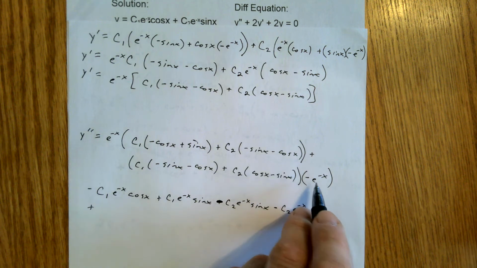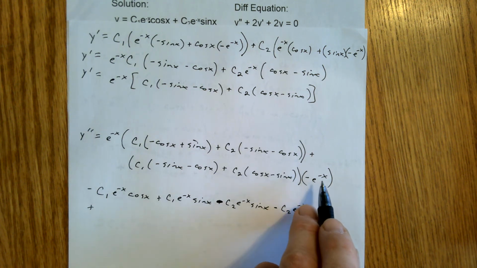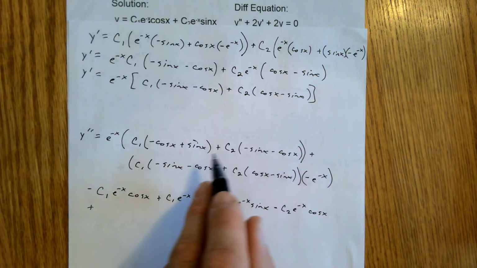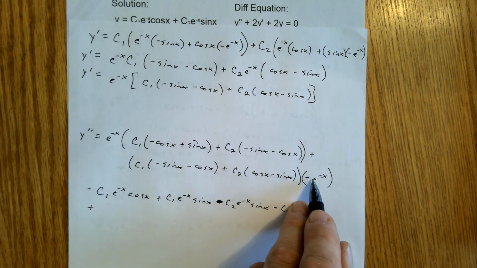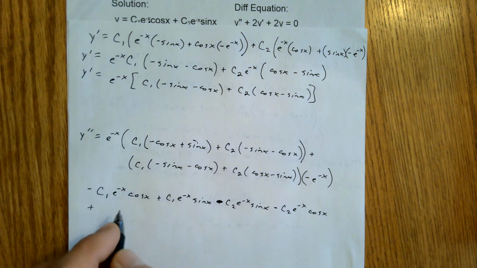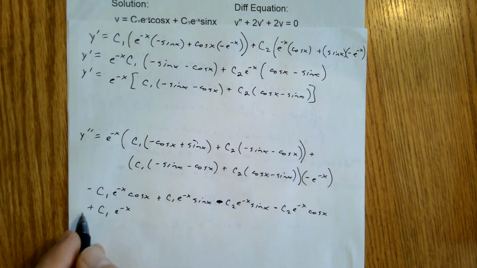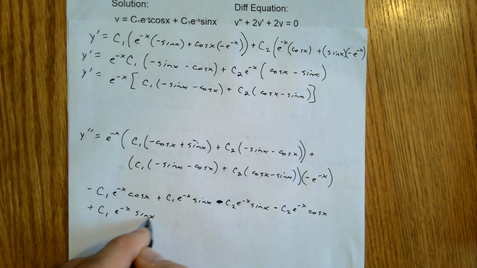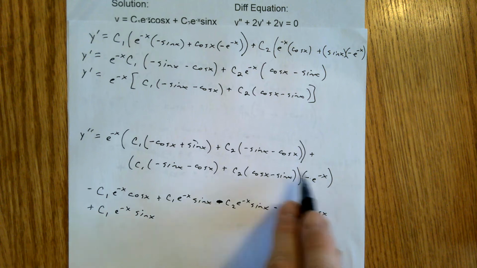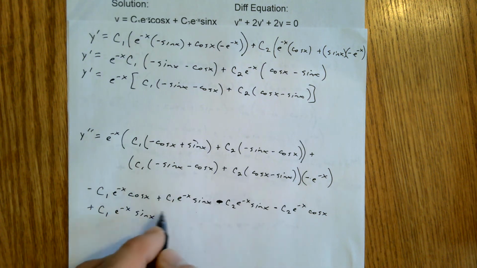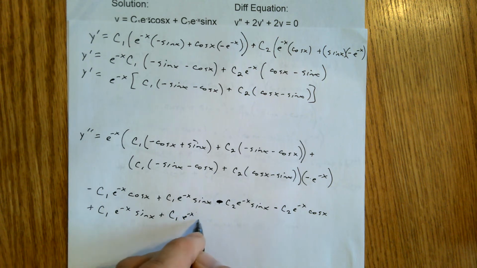Now to that I'm going to multiply my negative e to the negative x, again, to my c sub 1 and all of this. So a negative e to the negative x times c sub 1, and then times a negative sign, it gives me a positive sine of x. Excuse me. A negative e to the negative x times c sub 1 times a negative cosine is going to be a positive c sub 1 e to the negative x cosine of x.